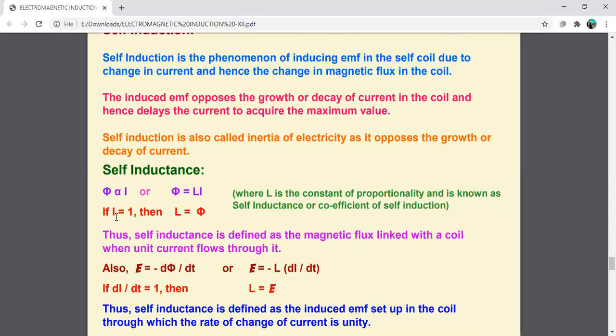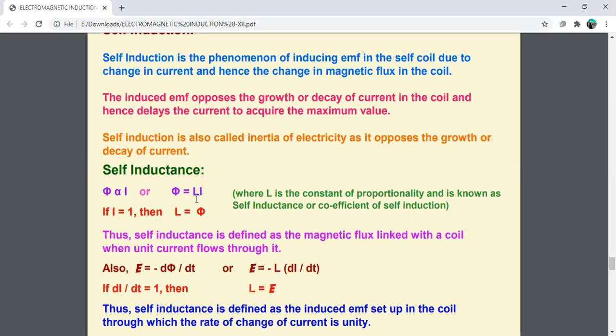For i equal to 1, that is current equal to 1 ampere, L becomes equal to flux. This L is the proportionality constant and is called the coefficient of self-induction or simply self-inductance.